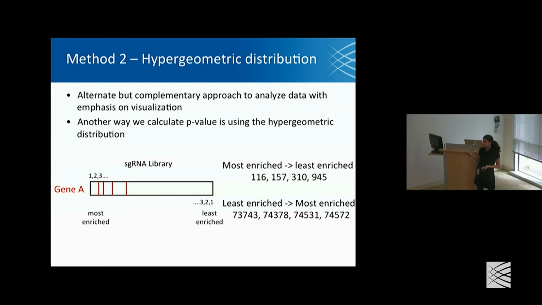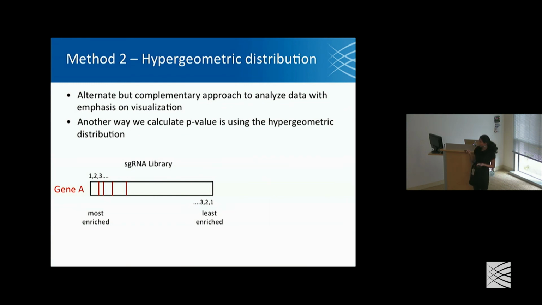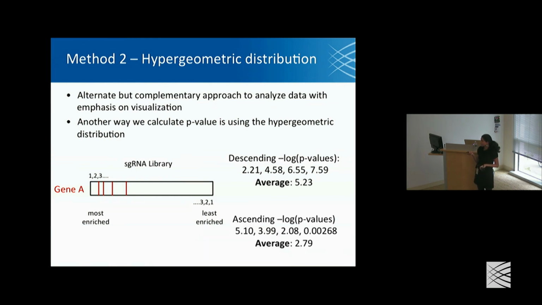And then you rank your sgRNA library in the opposite direction, that is from the least enriched to the most enriched, and you get 4 different ranks for the same guide RNAs targeting gene A. So if you calculate the p-values using the hypergeometric distribution, you get descending p-values and ascending p-values, and shown here is just the negative log to the base 10 of p-values, so 4 values in the descending direction and 4 values in the ascending direction.